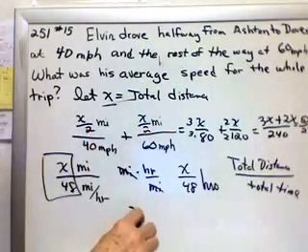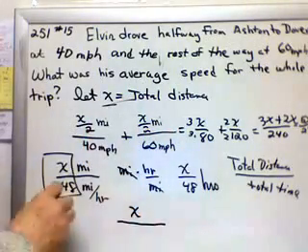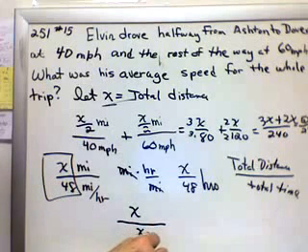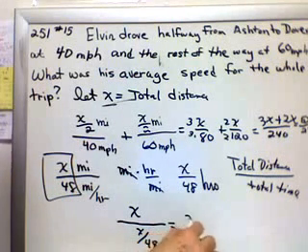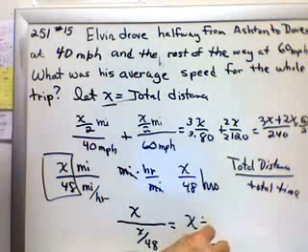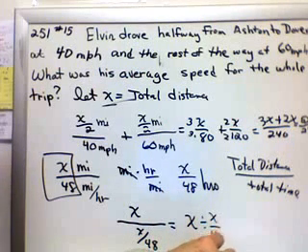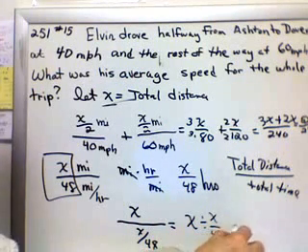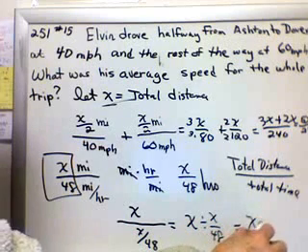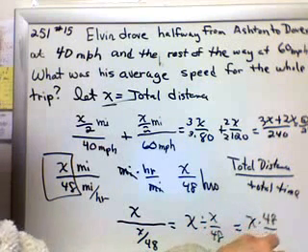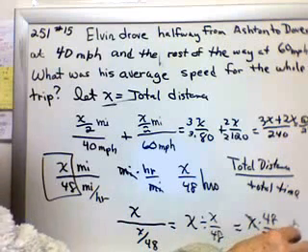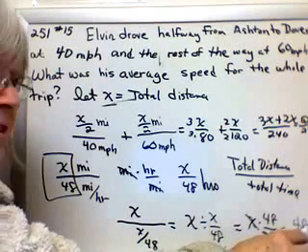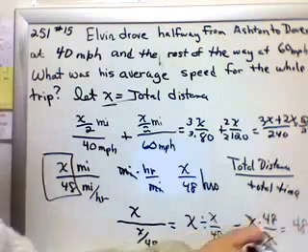X. So we have x divided by the time, which we came up to be x over 48. And when you simplify that, you get x divided by x over 48, which simplifies again as x times 48 over x, right? So it's 48.